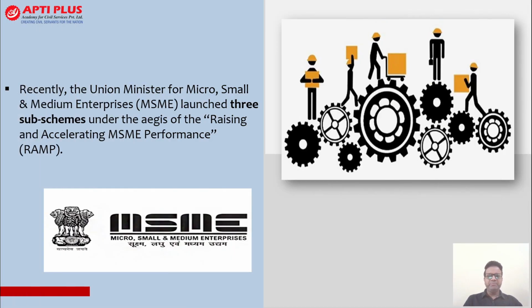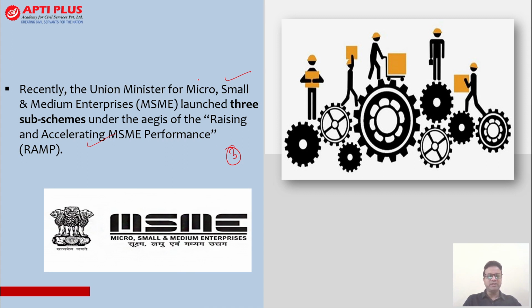RAM stands for Raising and Accelerating the Micro, Small and Medium Enterprises Performances. Recently, the Union Ministry for Micro, Small and Medium Enterprises has launched three sub-schemes under the aegis of the RAM scheme. We'll see the details of those three schemes.